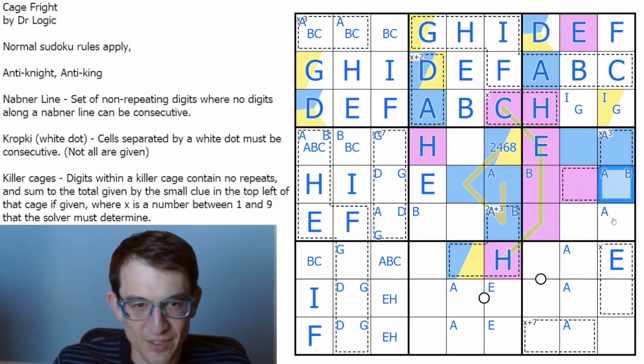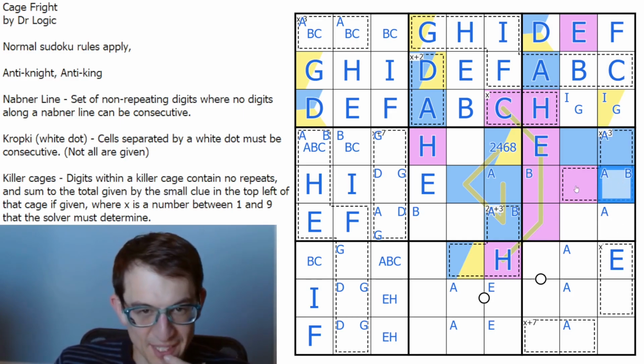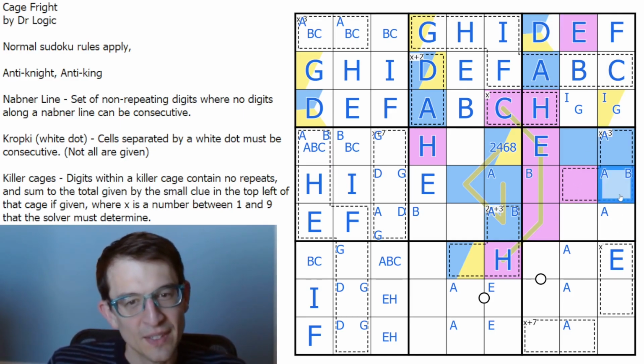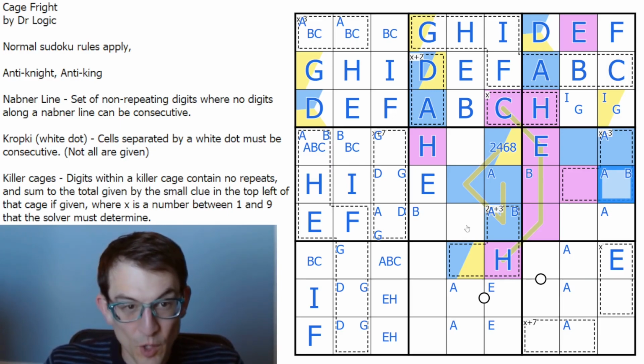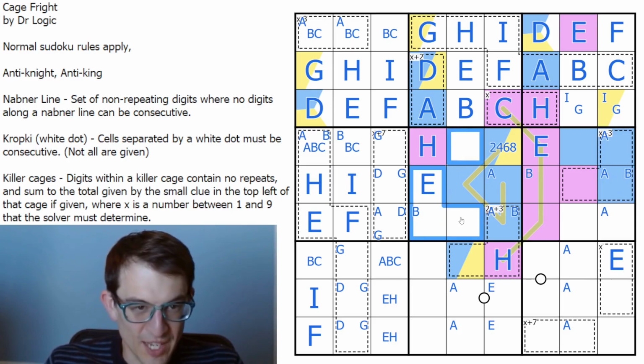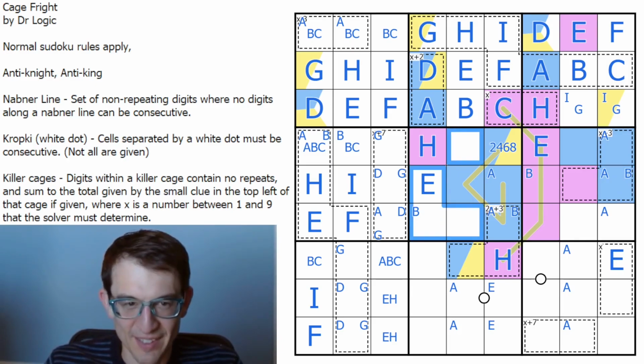This could be yellow. I was going to say it had to be yellow, but this could be yellow instead if the D is yellow. Okay, so A is even. Oh, B is even. So these are all odd. Wait, no, I don't know B is even. Why did I think that? These are all odd, so E is odd.